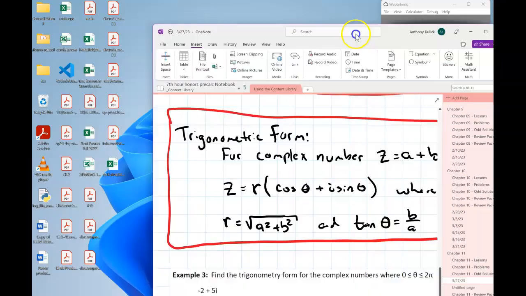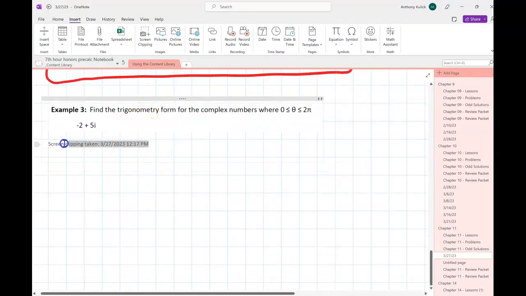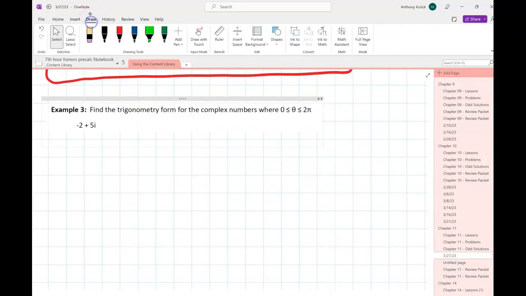Oh boy, that's weird. Okay. So it says to find the trigonometric form for the complex number negative 2 plus 5i, where theta is between 0 and 2 pi.